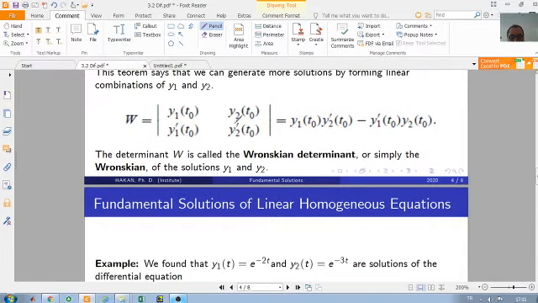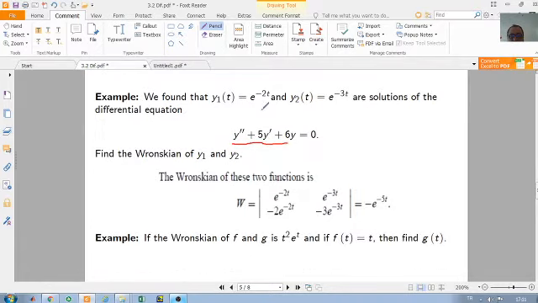The first row is formed by y1 and y2. Namely, we write directly the functions written here: exponential minus 2t, exponential minus 3t, and the derivatives of them will be written in the second row. The derivative of the first one is minus 2 times exponential minus 2t, and the derivative of this one is equal to this one.